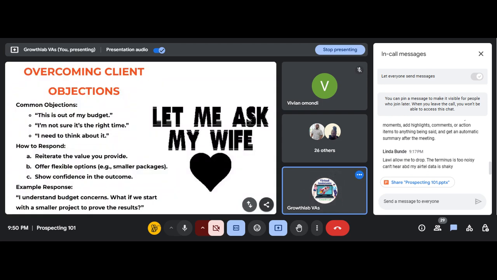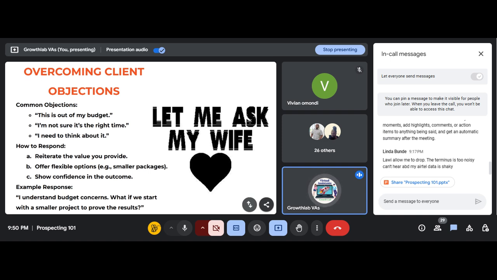And then there are objections, and the objections will most likely knock you out of your feet if you're not ready for them, because I've experienced a number of guys.